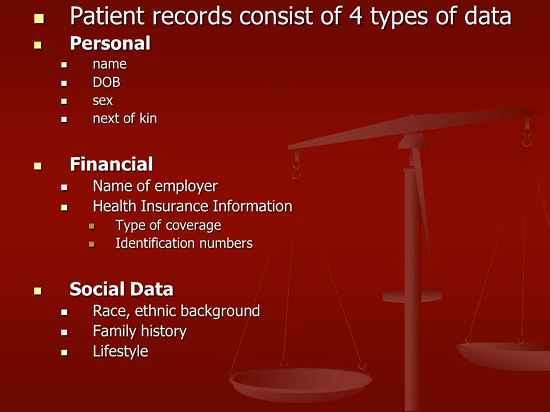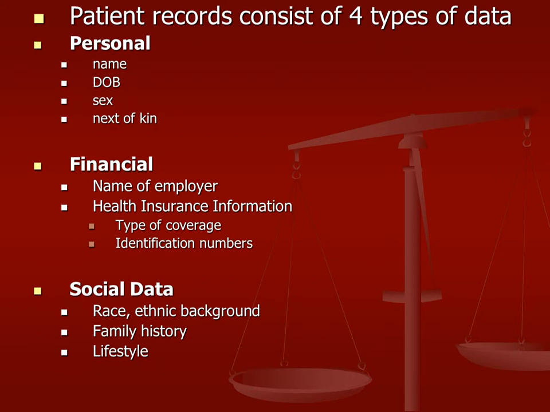There's social data, such as race and the patient's family history, which is very important because some diseases run in families. Lifestyle is part of that social data, or personal history, and that's important: exercise, diet, history of maybe drug abuse, tobacco use, those types of things.